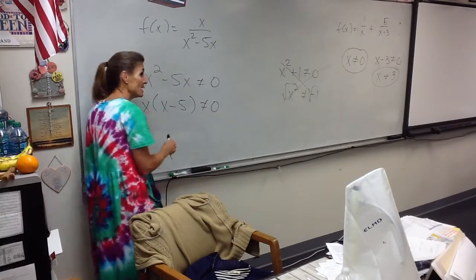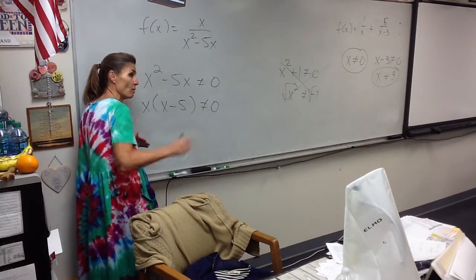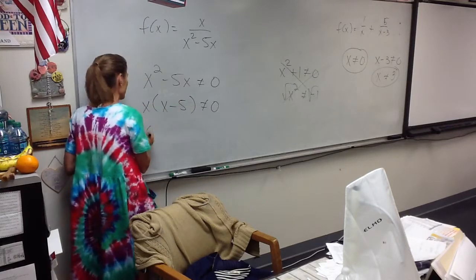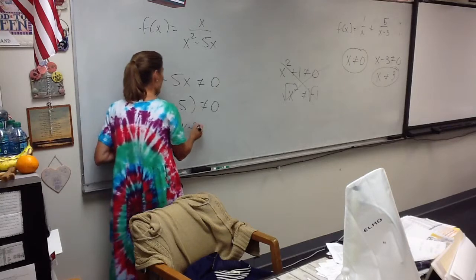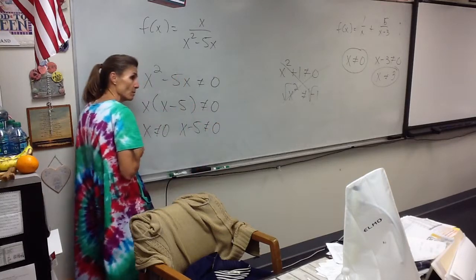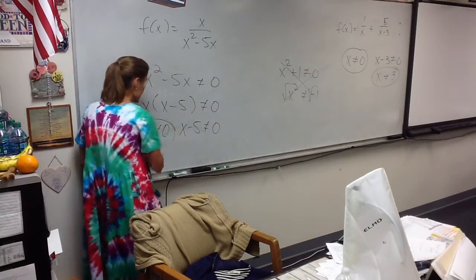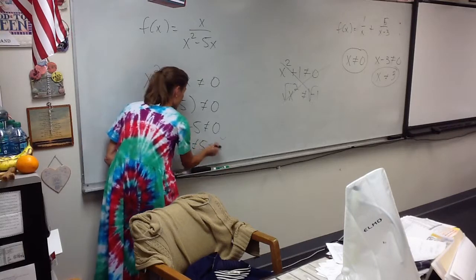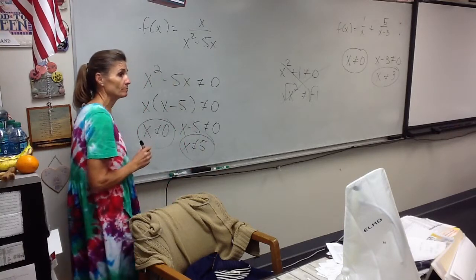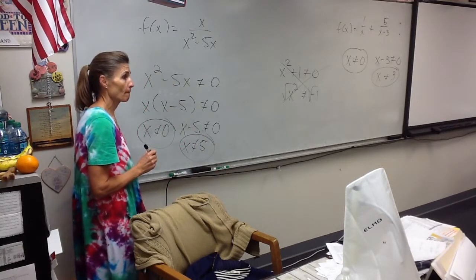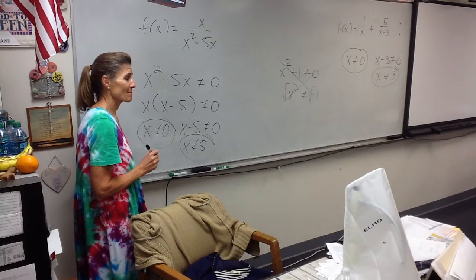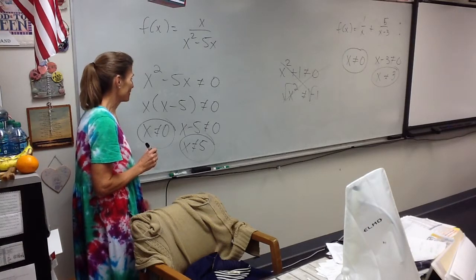There's 2 of them. Neither one of them can be 0. It's like Suzanne's problem. Neither one can be 0. So x can't be 0. X minus 5 can't be 0. Which means x can't be 0 and x can't be 5. Good job, Tim. Okay?